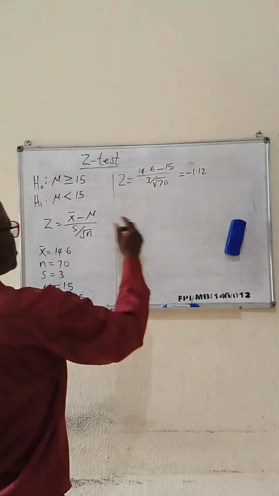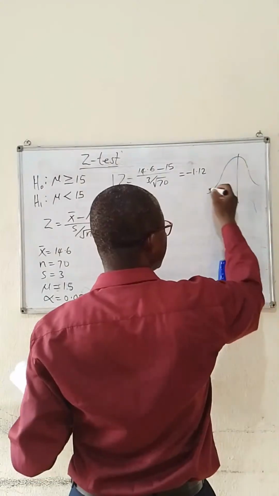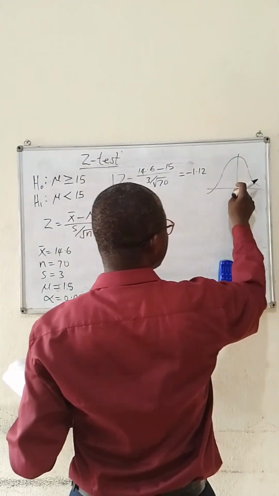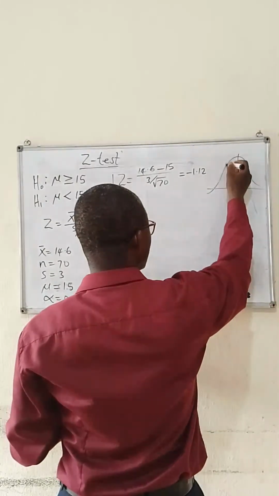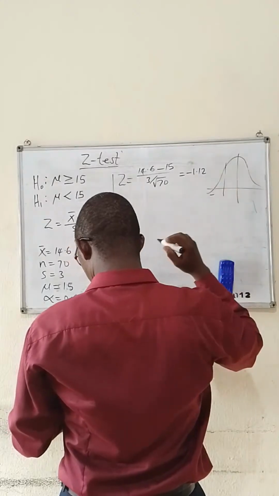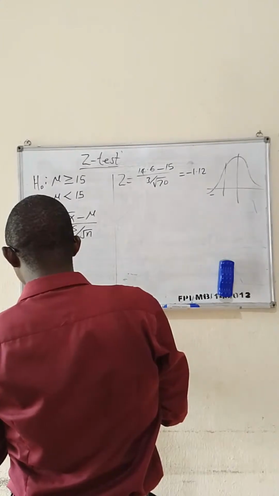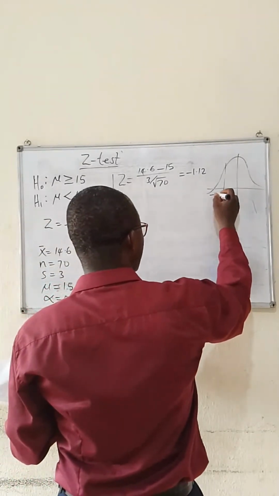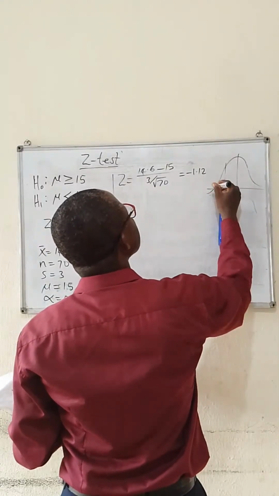Since it is less than, we look at the distribution chart like this. Anything from here is positive, anything from here is negative. So what we are dealing with is less than, and it's somewhere around minus 1.645, that is this point.